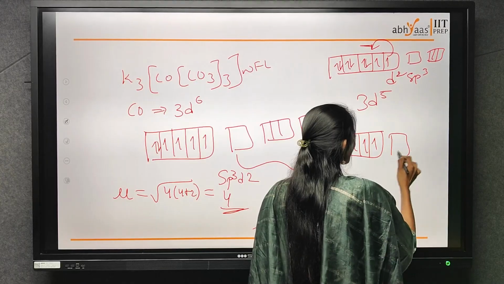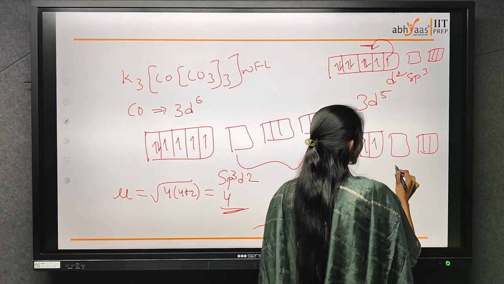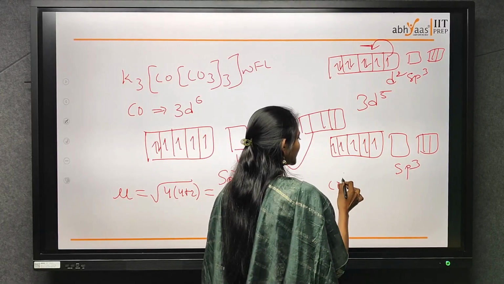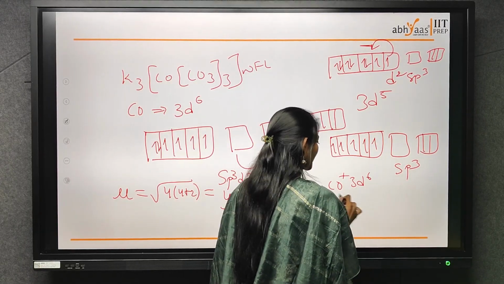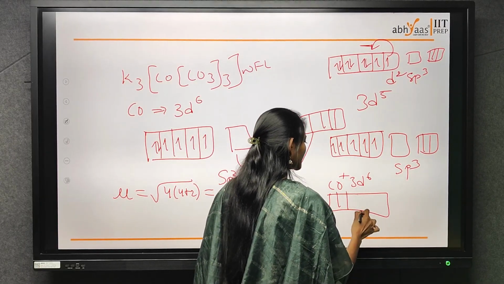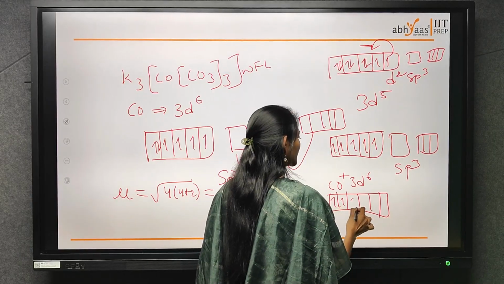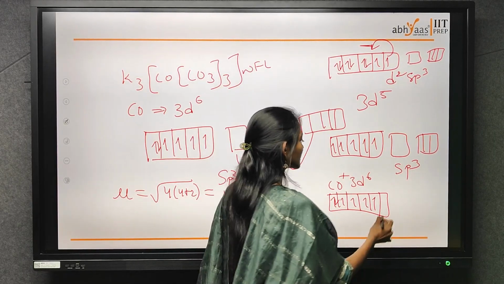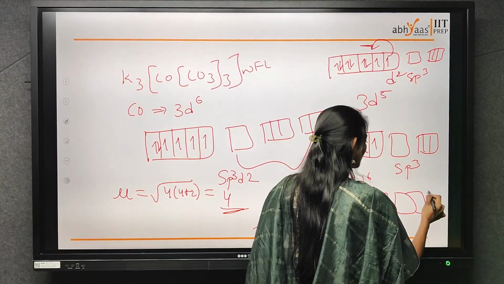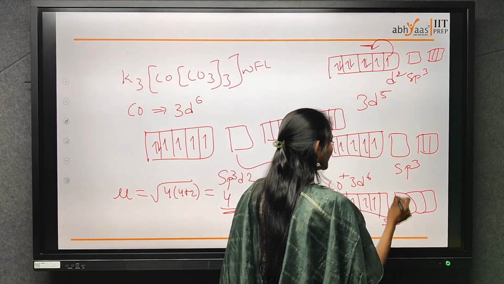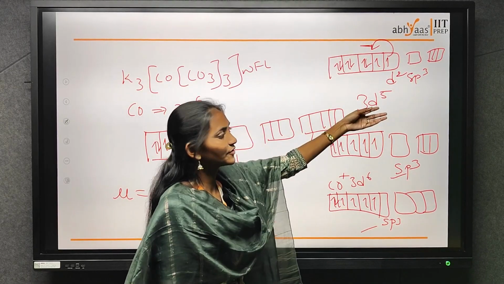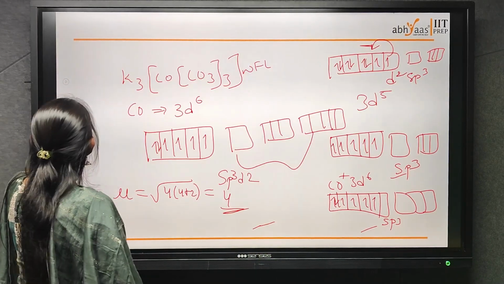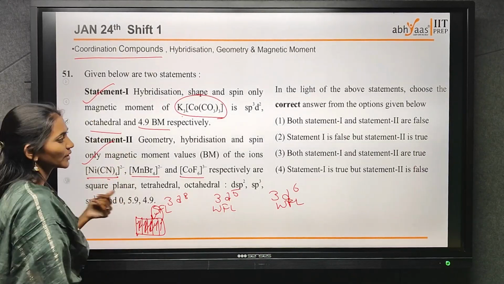And we are having sp3 hybridization, which is tetrahedral. Moving on to cobalt, it is having 3d6, so 1 2 3 4 5, 1 2 3 4 5 6 we are having. So it is also having sp3, tetrahedral, and here we are having square planar. So respectively statements 1 and 2 are true.